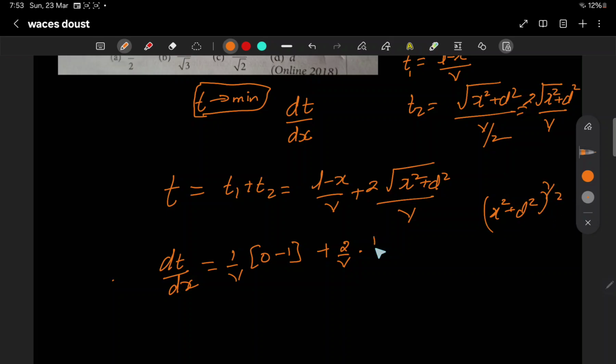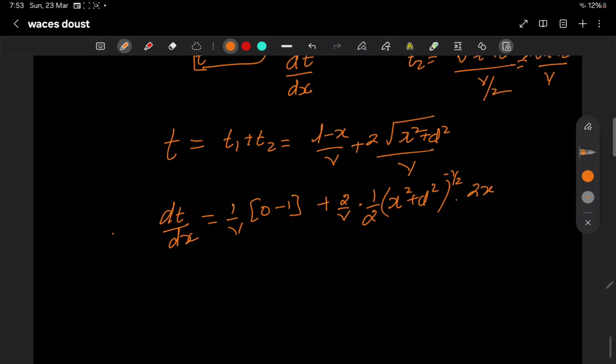If you differentiate this, you will get 1 by 2 into x square plus d square whole to the power 1 by 2 minus 1, that is minus 1 by 2, correct? This will be multiplied by, again you have to differentiate the inside and multiply, chain rule. If you differentiate this, you will get 2x, because d square is constant. Okay, fine with this.